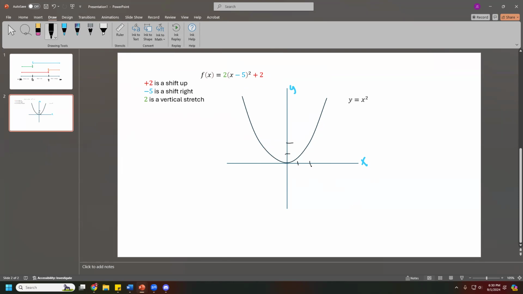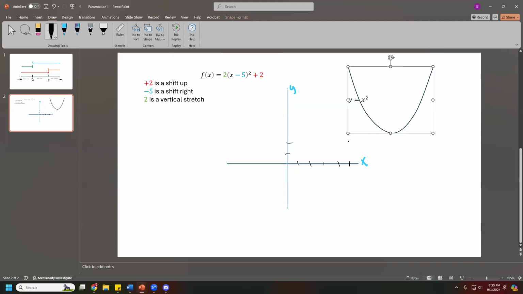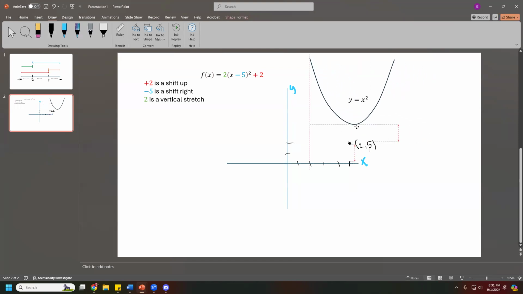So that is 1, 2, 3, 4, 5. Okay, so my parabola should move basically over here. So here, actually, I'm going to go ahead and draw this point. This is the point 5, 2. So it needs to move over there.